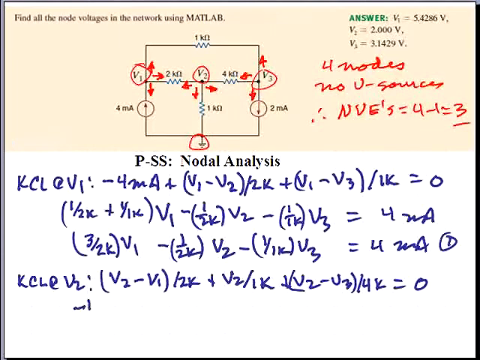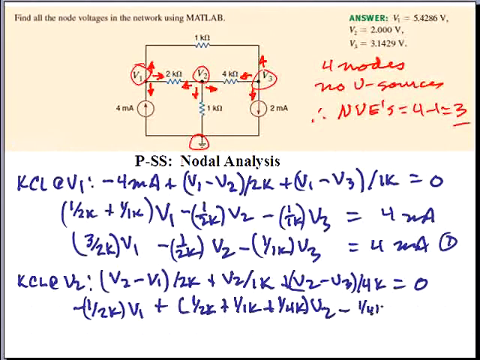Or minus 1 over 2K V1 plus (1 over 2K plus 1 over 1K plus 1 over 4K) V2 minus 1 over 4K V3 is equal to 0.